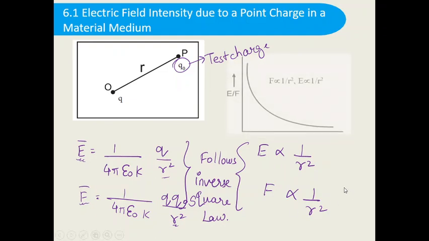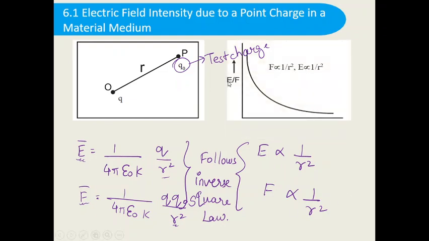What is the graph of this inverse square law? On the y-axis we take E or F, while on the x-axis we take the distance r. So on the y-axis we have electric field or force, and on the x-axis we have r.